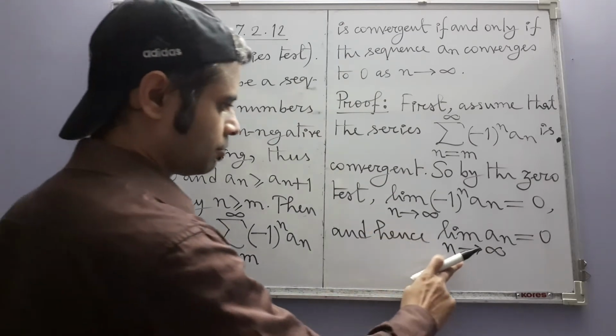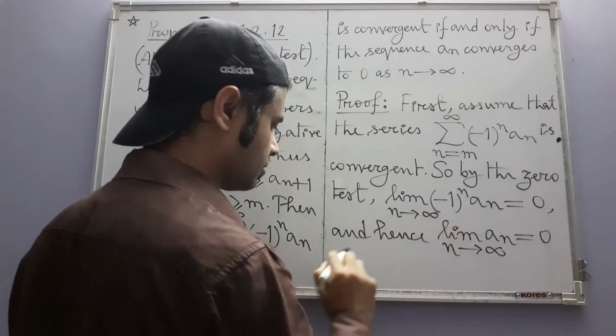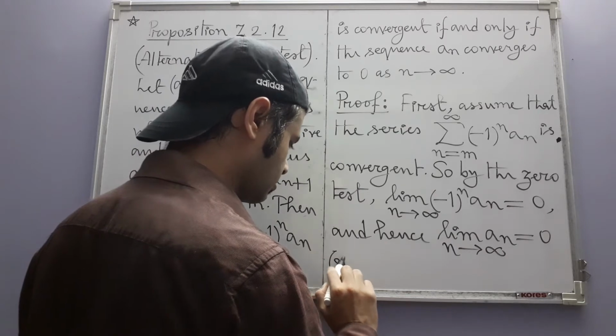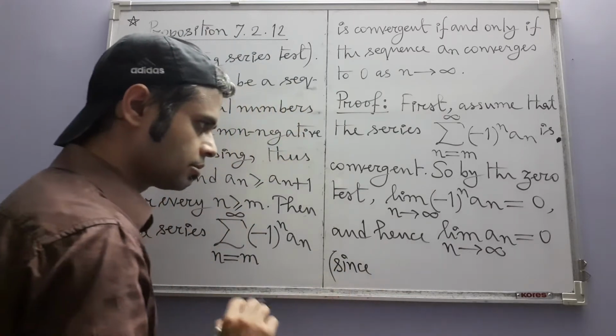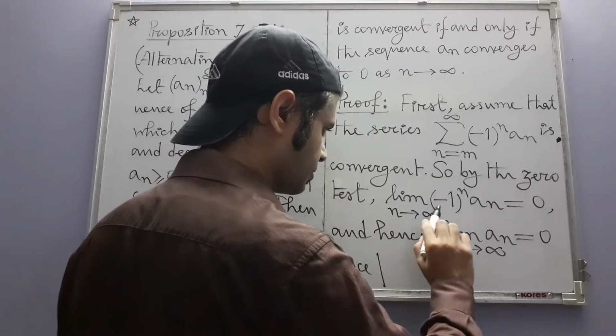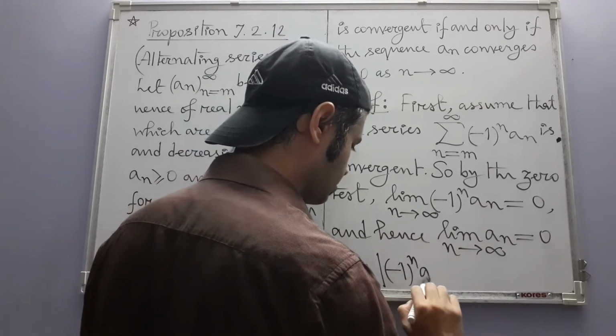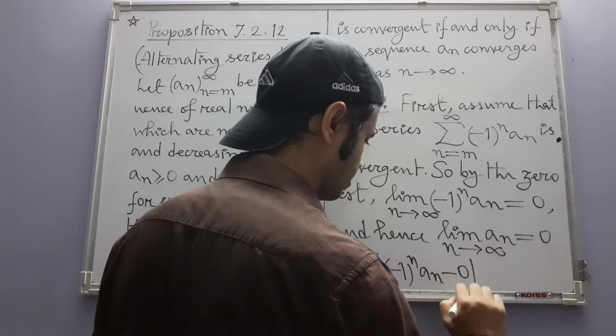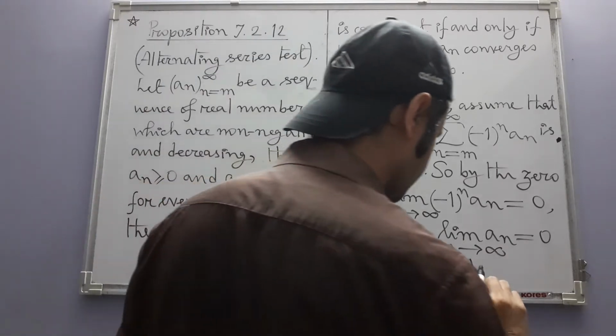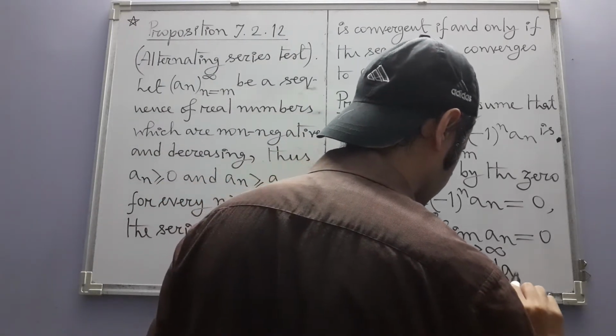The reason for having this from this one is this. The distance between minus 1 to the power n times an and 0 is the same as the distance between an and 0.